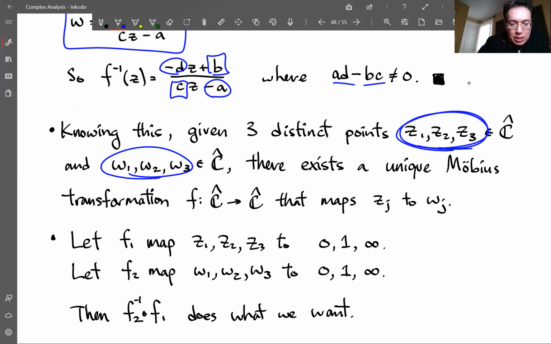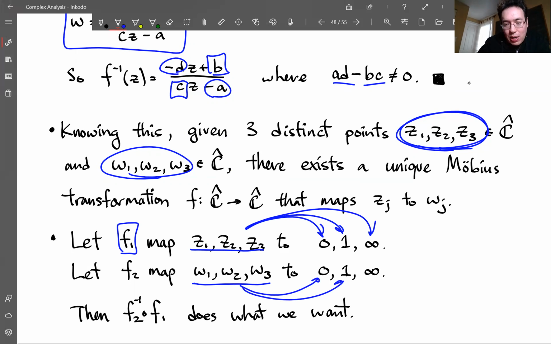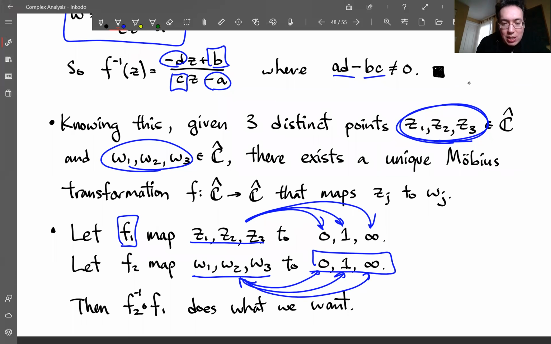F1 will map z1, z2, z3 to 0, 1, infinity. And since F2 maps w1, w2, w3 to 0, 1, infinity, the inverse will go from 0, 1, infinity towards w1, w2, w3.